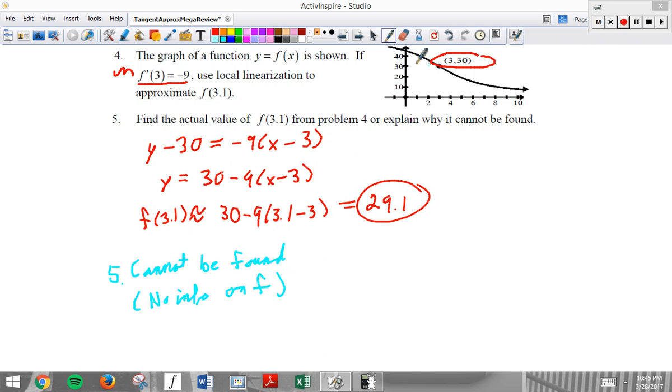We don't actually have the formula that was used to get this function. But we know it's close to 29.1, and that's the power of approximations. Oftentimes in engineering, you'll come up with data that you don't necessarily know the function that produced it. But you'll have one firm data point, and you'll know the rate that function is changing, and you might be able to get an approximation.